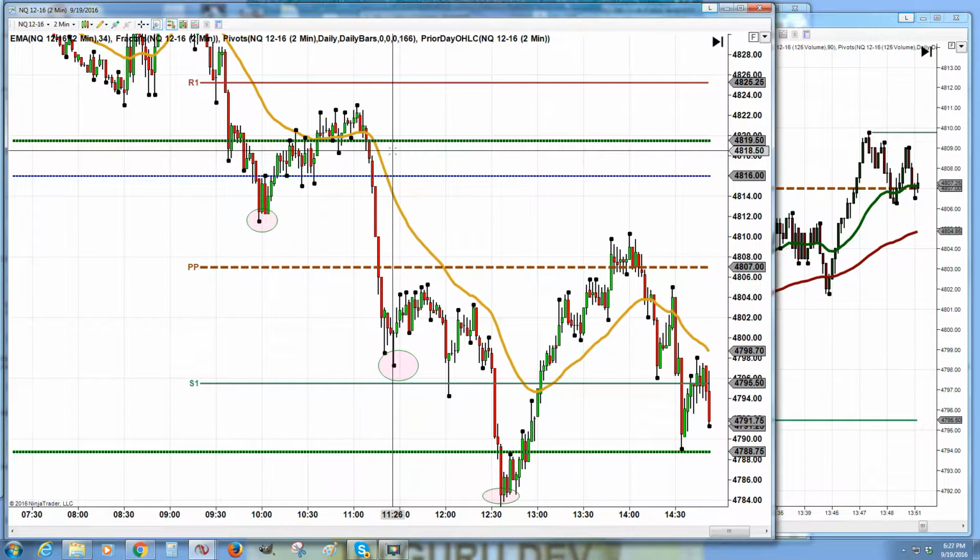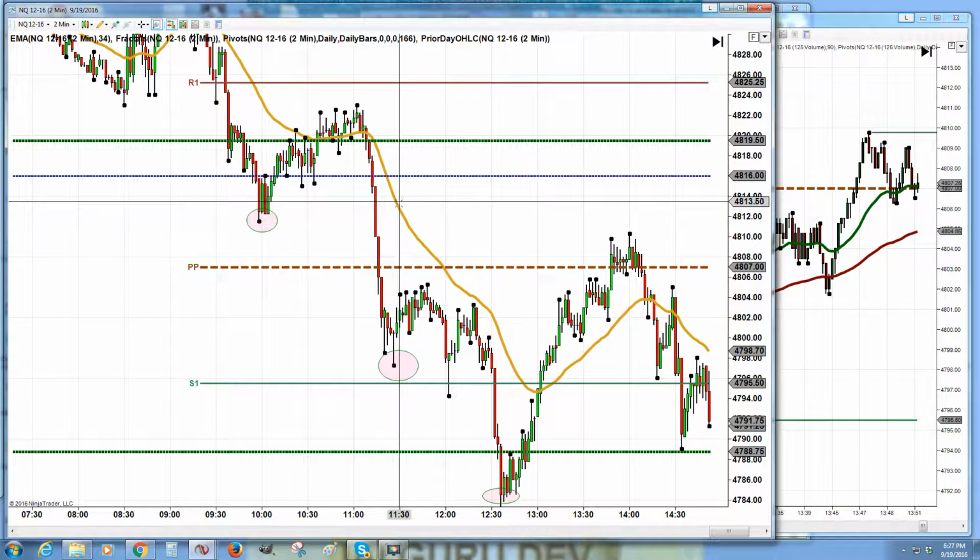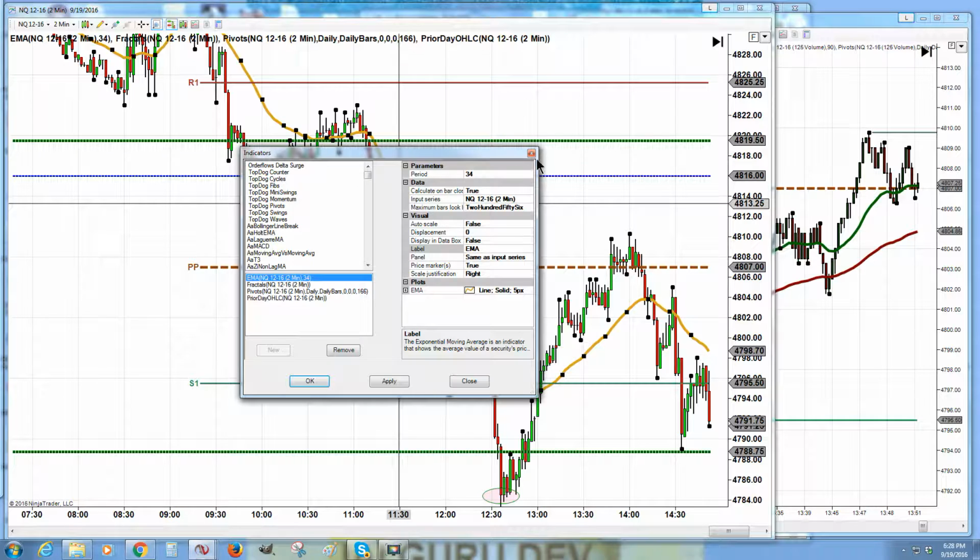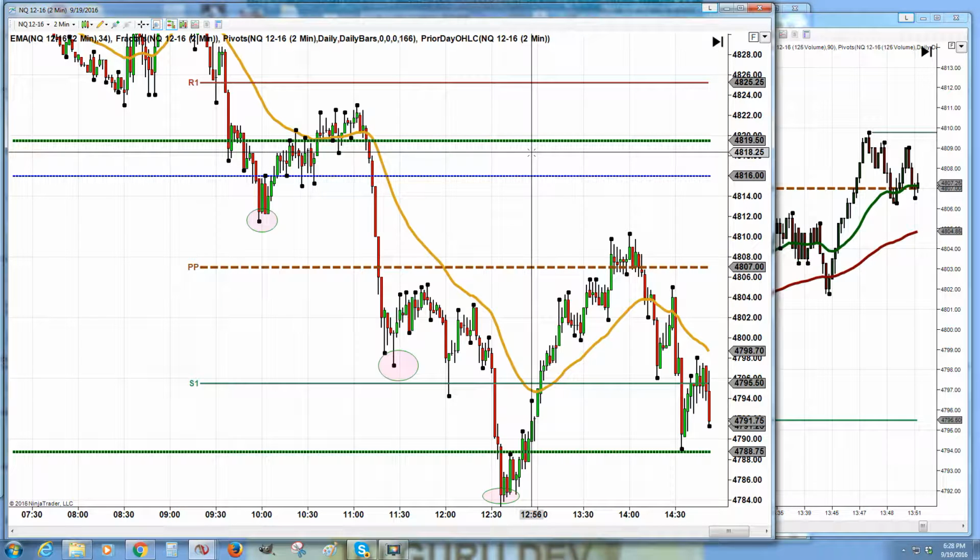2-minute chart with the moving average, and again we decided to use either a 39 or a 30 or a 26 or a 34 Fibonacci level.